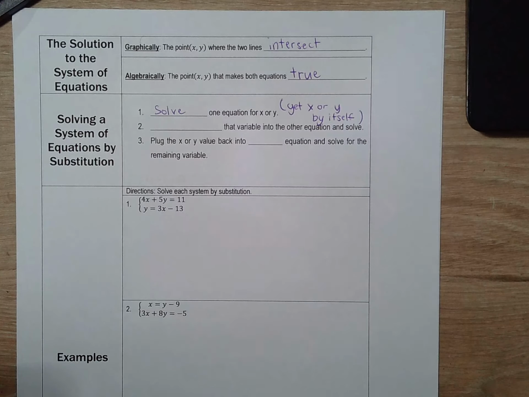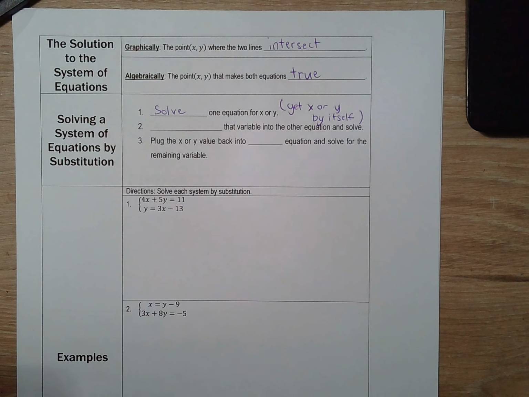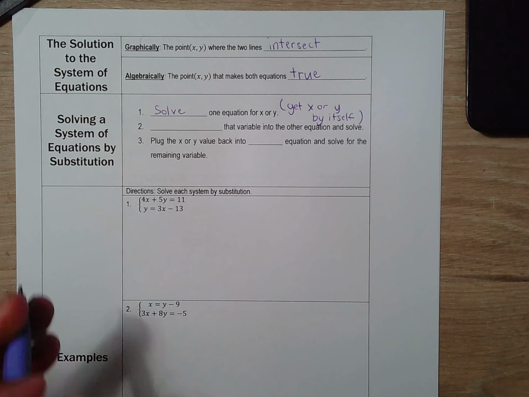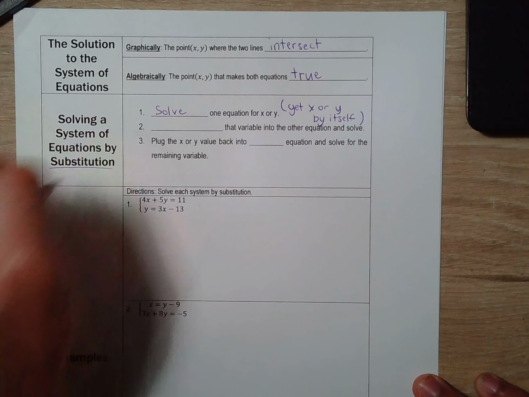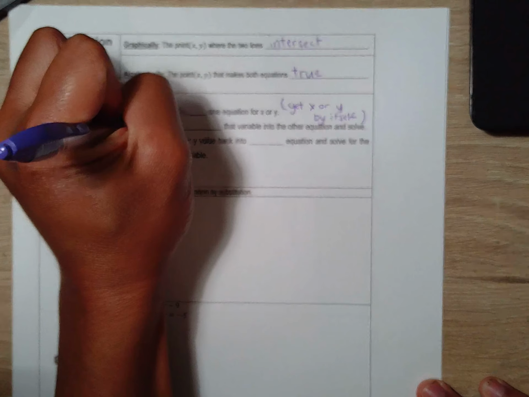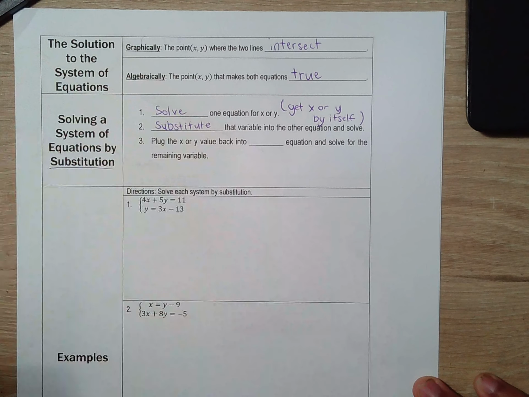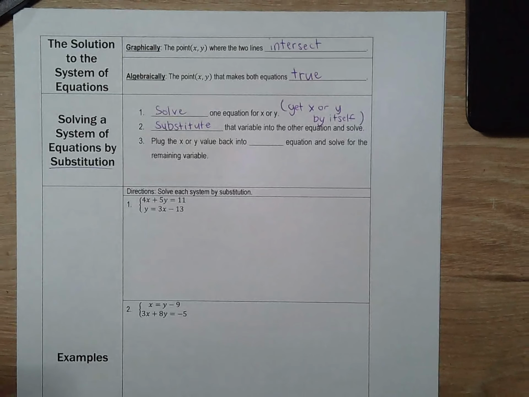So that's what it means when it says to solve. Step number two says substitute that variable into the other equation and solve. This technique is called substitution, so we substitute that variable into the other equation and solve.